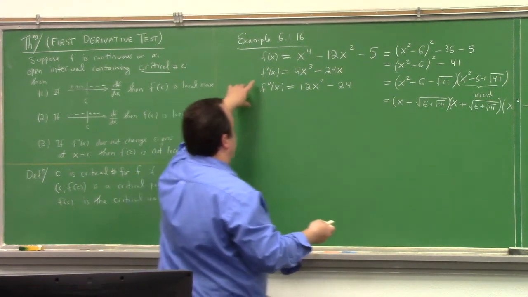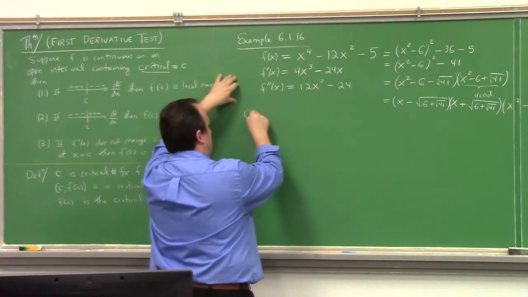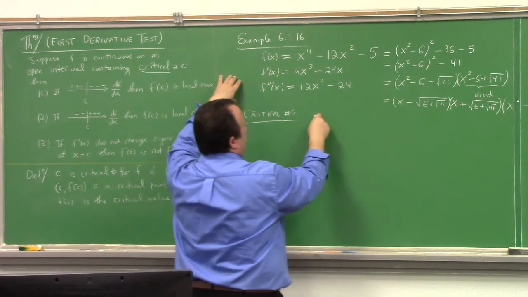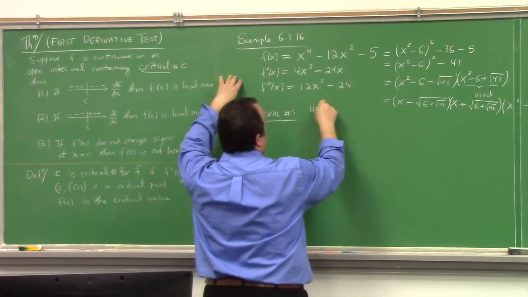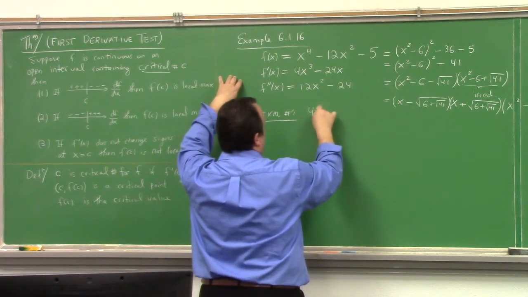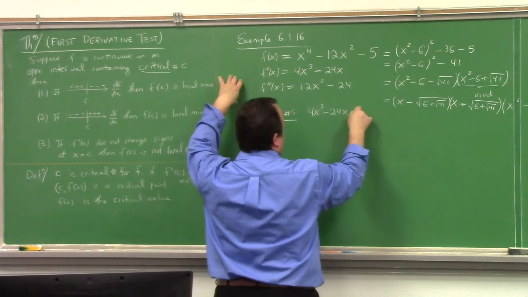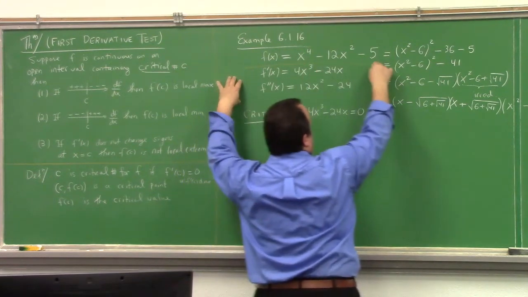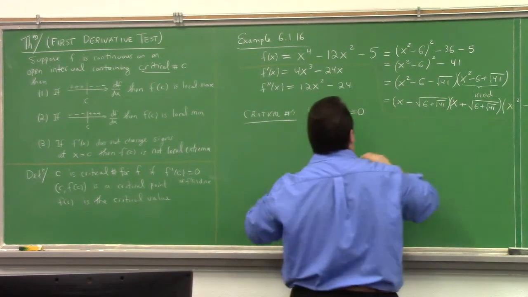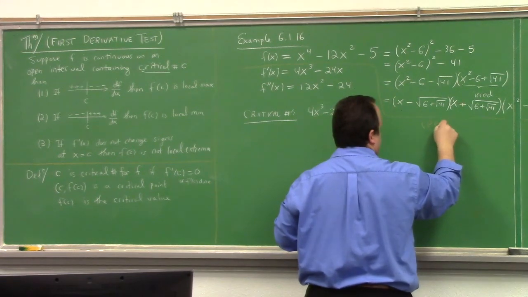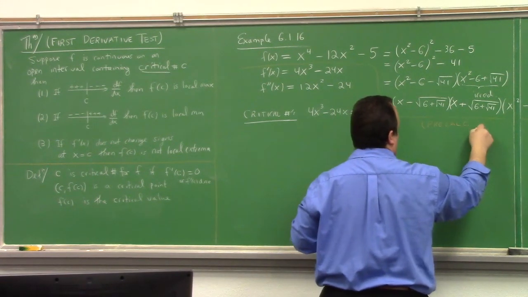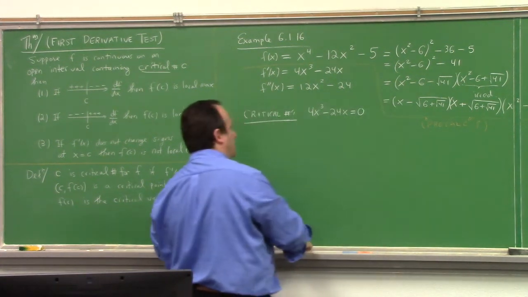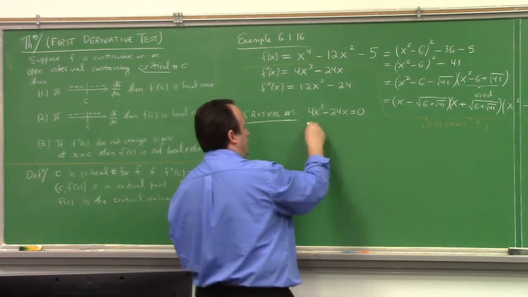But critical numbers, we've got 4x cubed minus 24x equals to 0, right? We can factor 4x out, yeah?